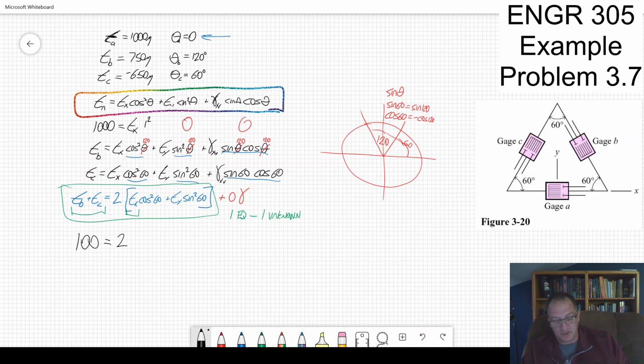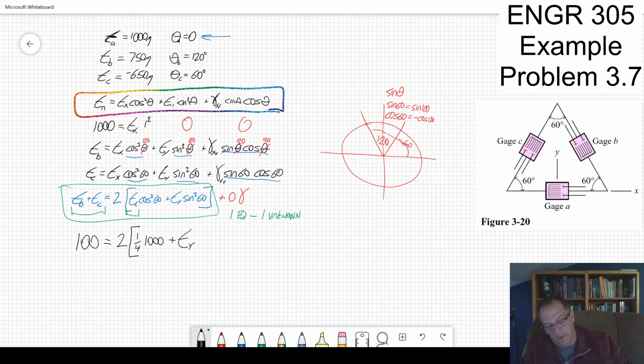So this is 1/4 times EX, which is 1,000, plus the strain in the Y direction times the sine of that, square root of 3 over 2.